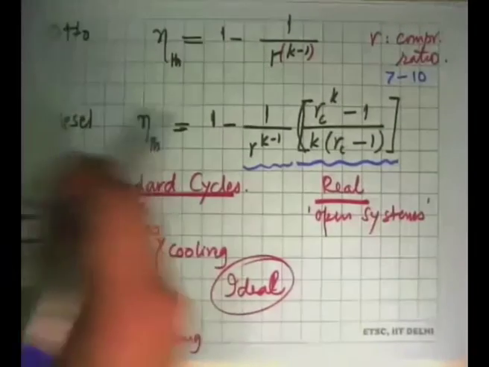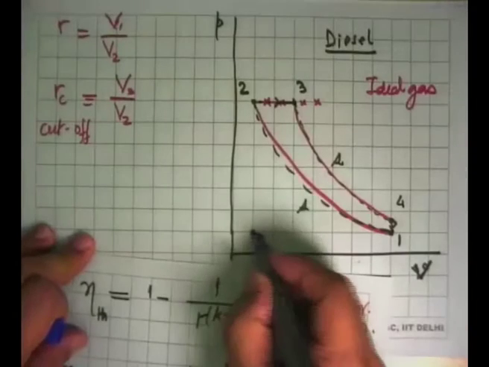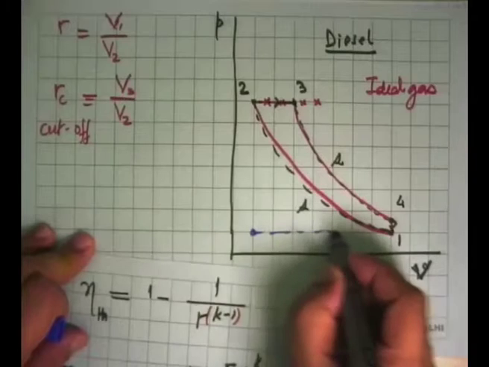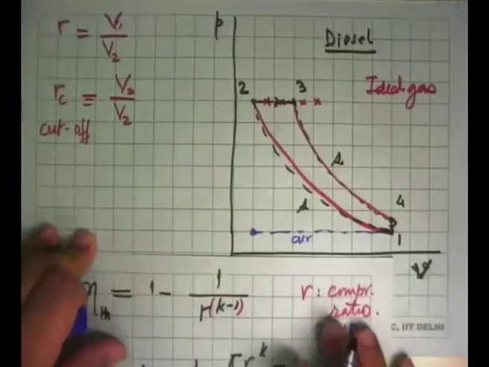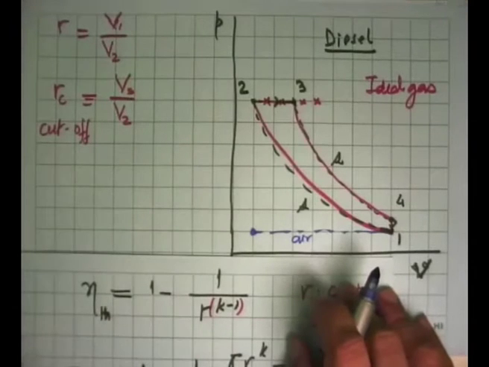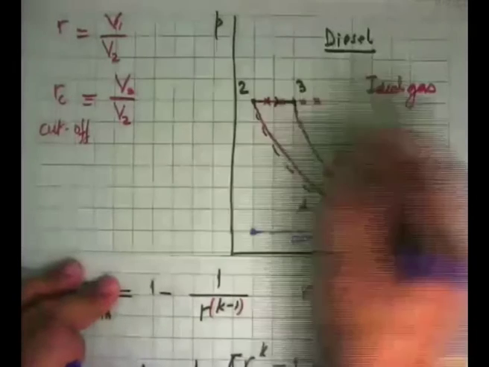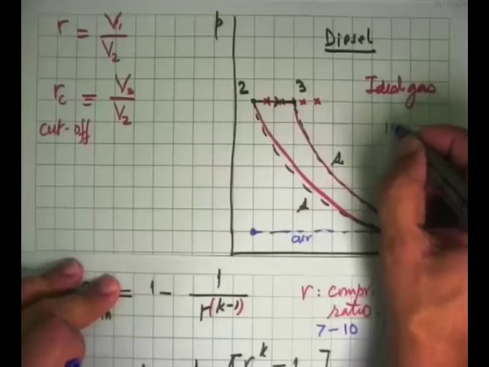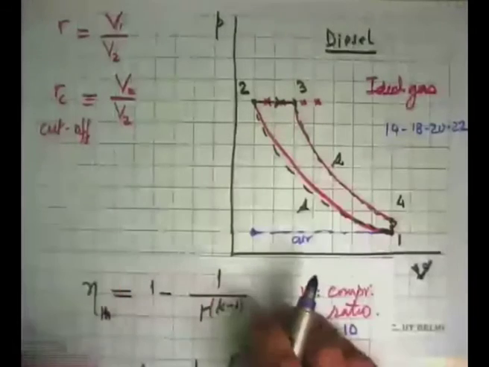In diesel cycles, what we have drawn here, the intake stroke takes in only air. So there is no danger in compressing it as much as you want. There will be no explosion or ignition. So compression ratios here could be anything from 14, 18, 20, even 22.